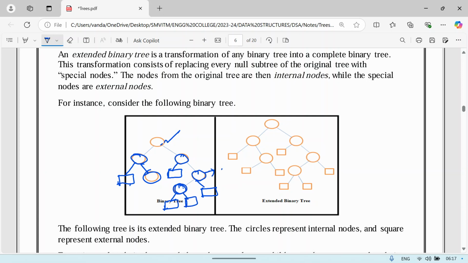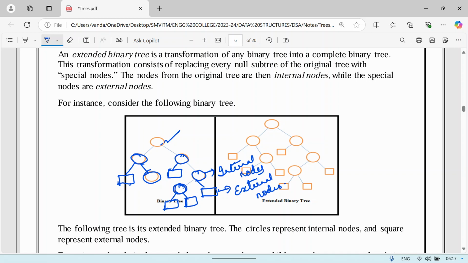The existing ones are called internal nodes, and the nodes that you have just added become the external nodes. This is how it works.